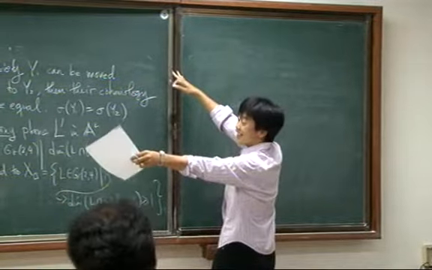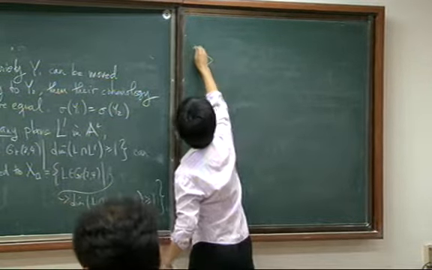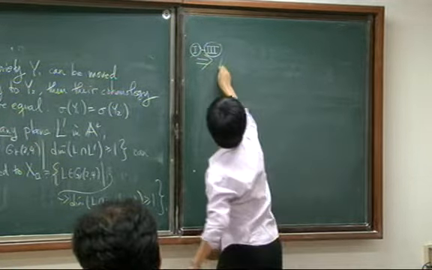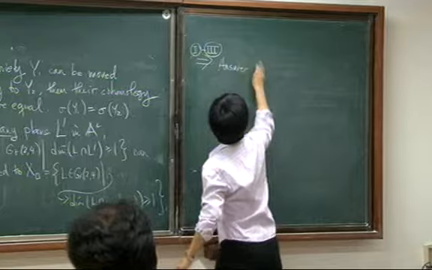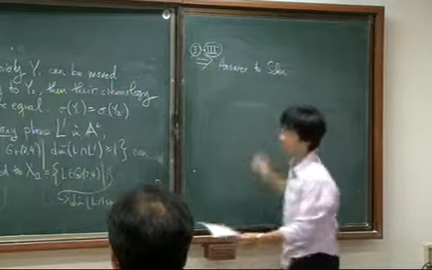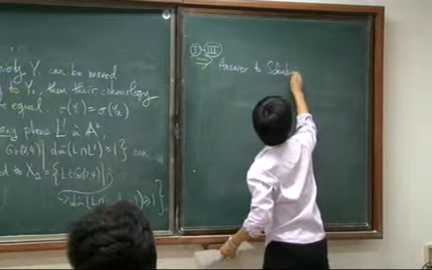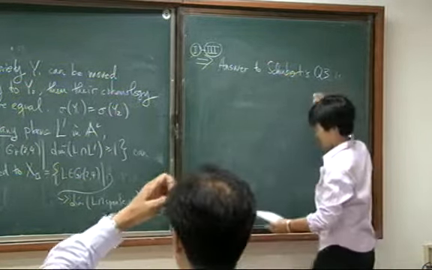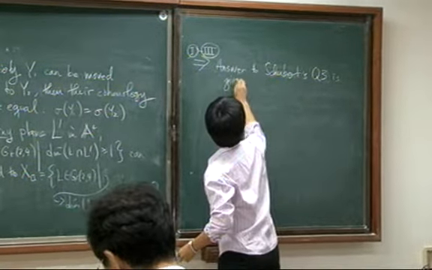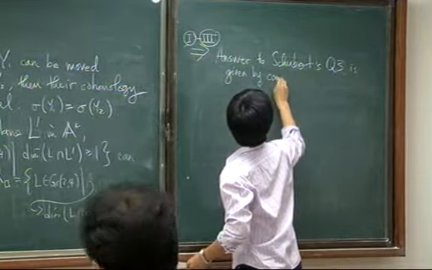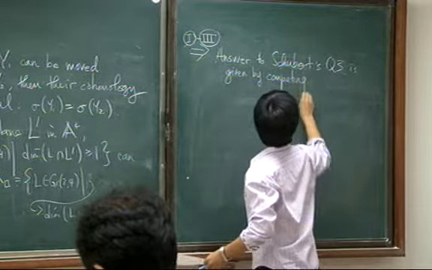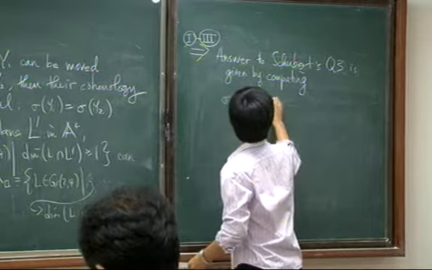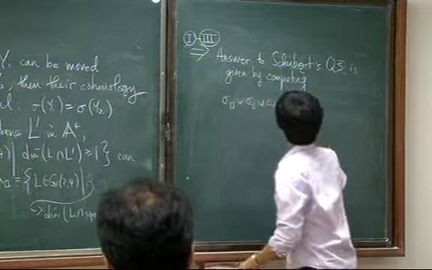So with all this said, okay, so 1 through 3 implies that the answer to the projectivized version of Schubert's question number 3 is given by computing sigma naught, sigma naught, sigma naught, sigma naught, 4 times.